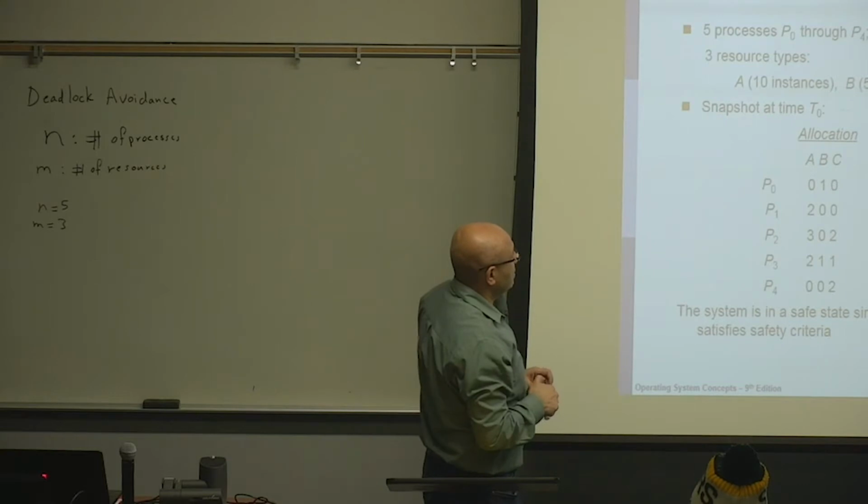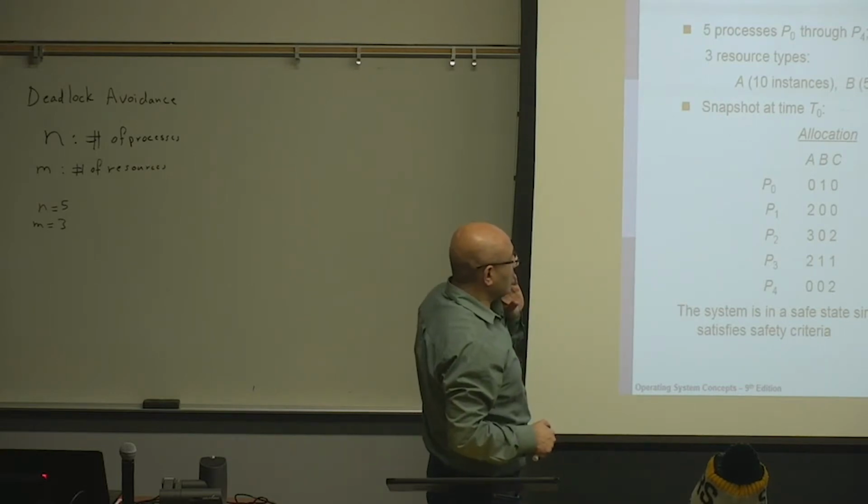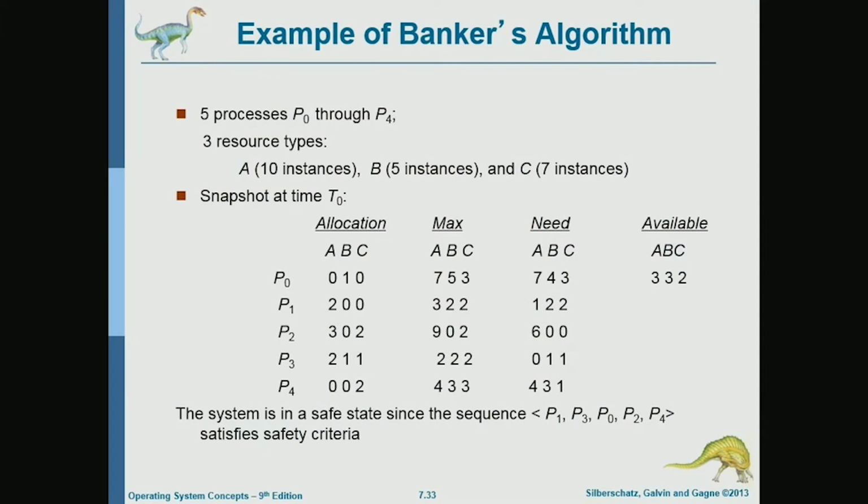Okay, so what do we have here? For P0, these are the maximum needs of P0. So the maximum needs are 7 of resource A, 5 of resource B, and 3 of resource C. And what is allocated to P0 at the moment: 0 instances of A, 1 instance of B, 0 instances of C. So this means that the projected need, or the future need, or the expected need for P0 is max minus allocation.